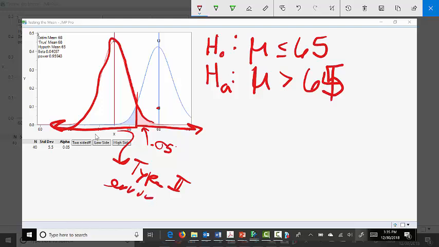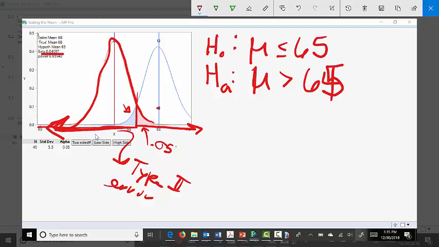However, the chances of actually being here are pretty low, right? Because if the true distribution is centered over here at 68, the bulk of this distribution is here, and the tail goes out here, which is much lower. That's why this blue area here is the type 2 error. You'll notice that your beta here is very small.